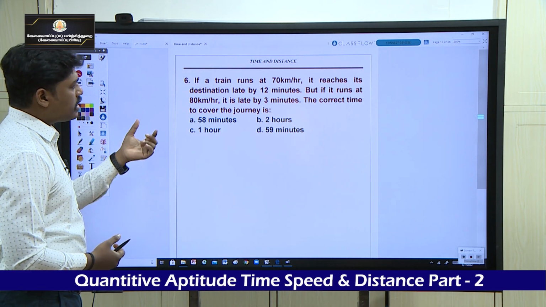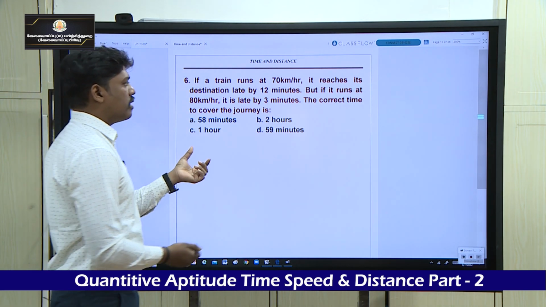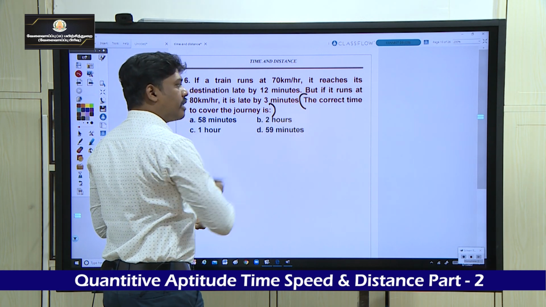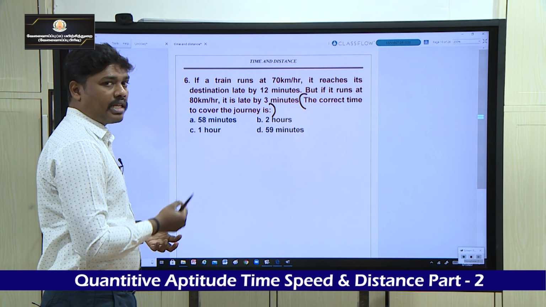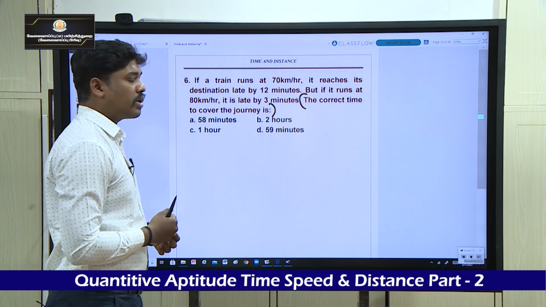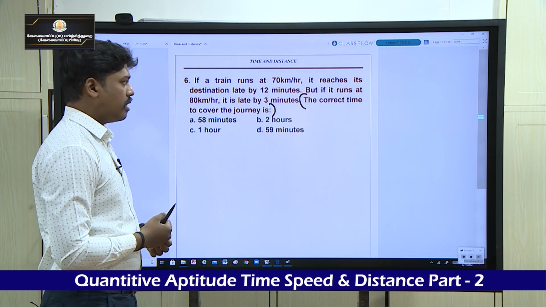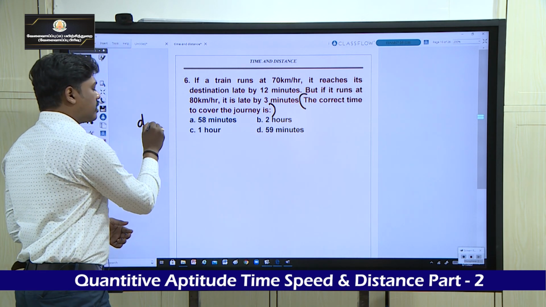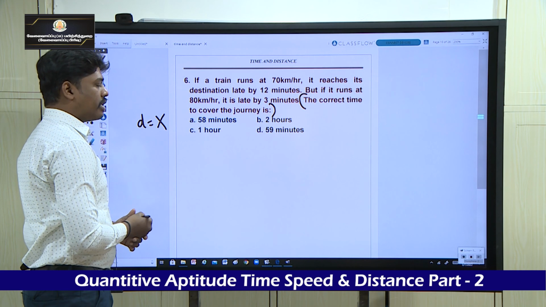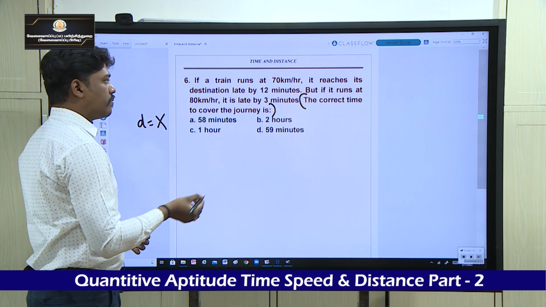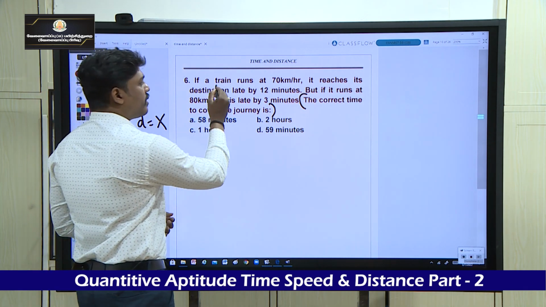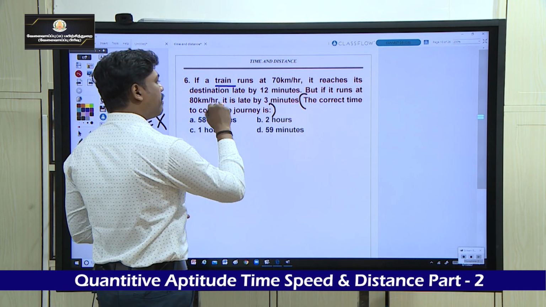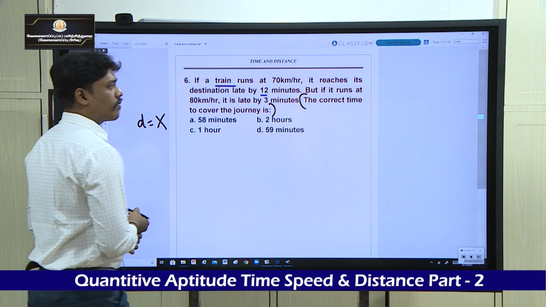Look at here, the same kind of problem, but what they asked here is not the distance. They are asking the correct time to cover the journey. The same concept, but they have not asked the distance. They are asking the correct time. Look at here. If a train runs at 70 km per hour, it reaches late by 12 minutes. Okay.